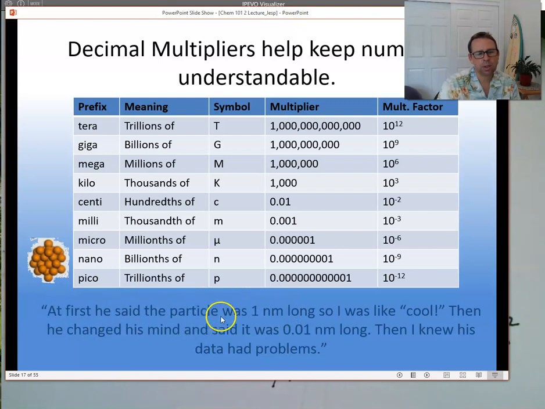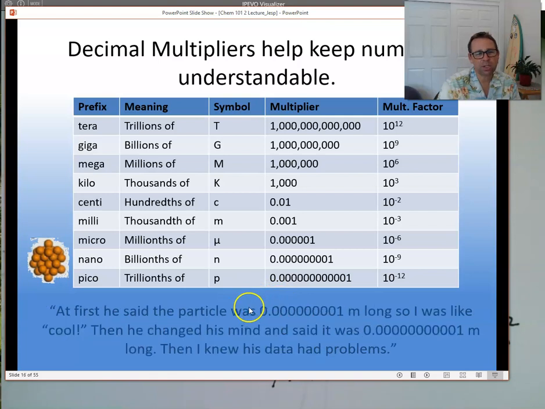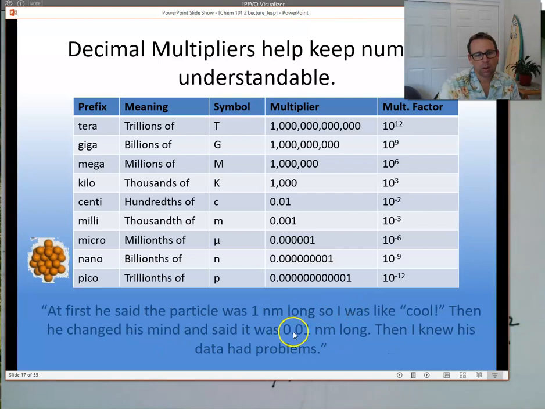At first he said the particle was 1 nanometer long, so I was like, cool. Then he changed his mind and said it was 0.01 nanometers long. Then I knew his data had problems. So this information, 1 nanometer, is easy to digest compared to this, 0.0000000, right? Because I know 1, and this one is 0.01, which is 100 times smaller.